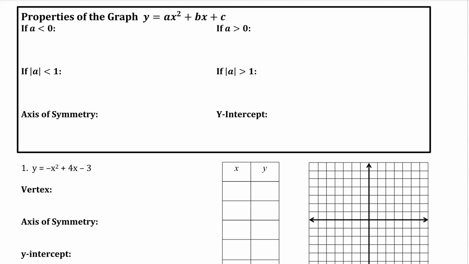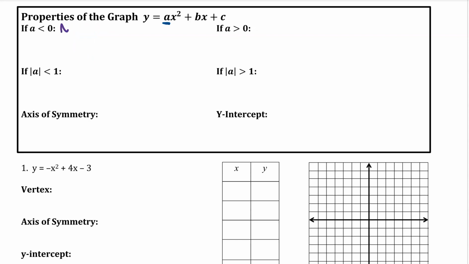So if A is greater than 0, so here's A. If it's greater than 0, that means it's a positive number, which means my parabola is going to be facing upwards. Now, if A is less than 0, that means, oops, I messed this up. Sorry, this is the less than, this one's the greater than.